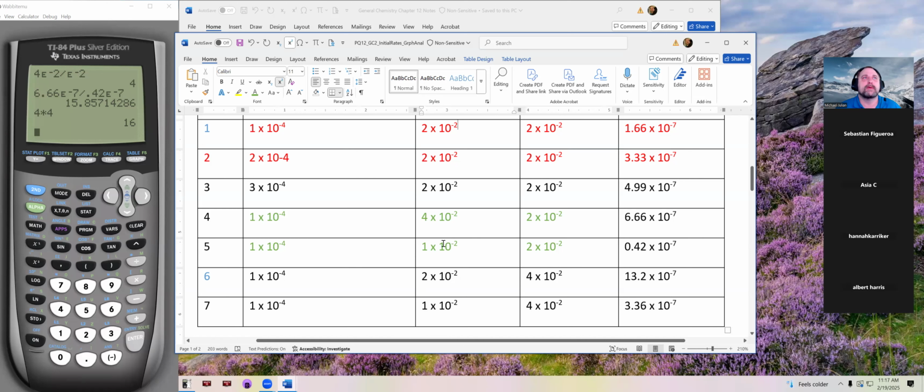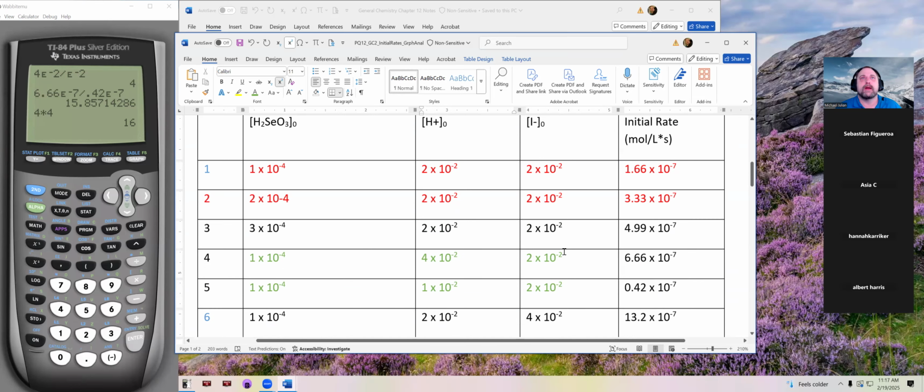Here I doubled the concentration for the H plus, and then over here I did not double my I minus. So if I'm comparing 1 and 5, we've doubled here the concentration.